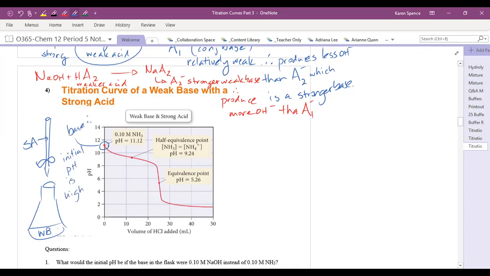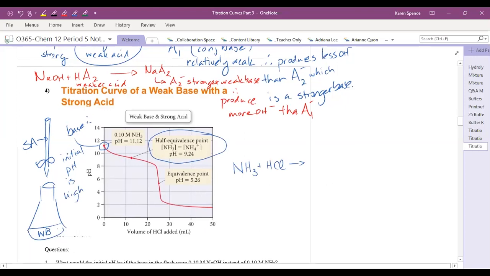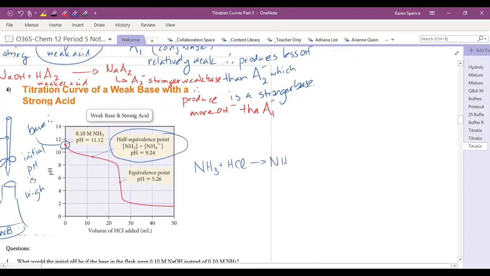Okay, we start adding acid and the pH goes down and the pH goes down and the pH goes down. And then at the half equivalence point, remember we have converted in our reaction that would look like this, NH3 plus HCl goes to NH4+ Cl-.